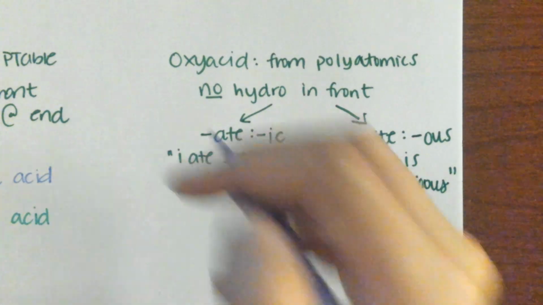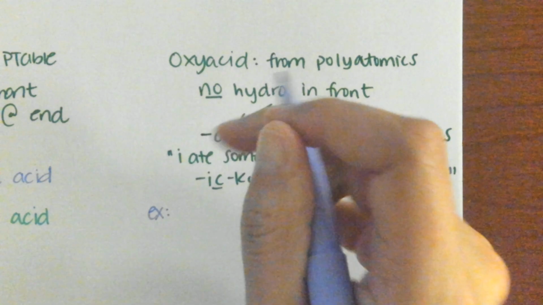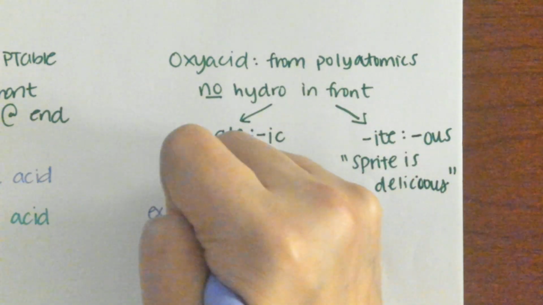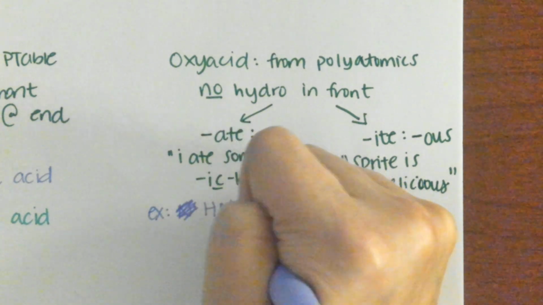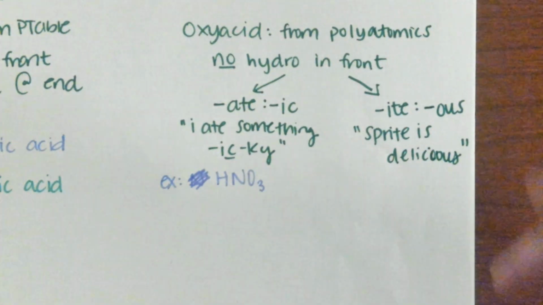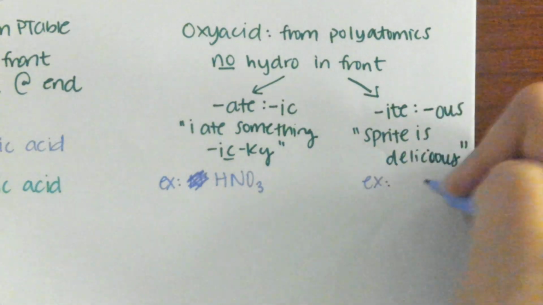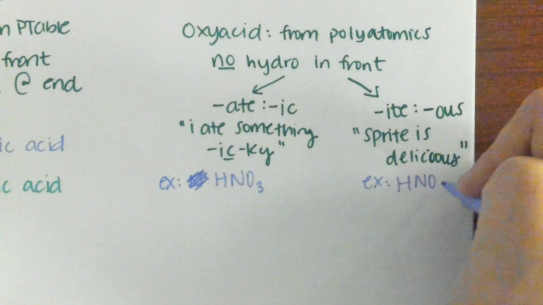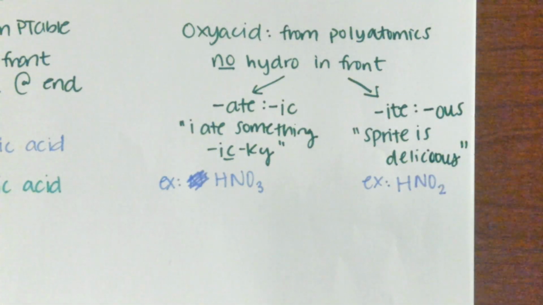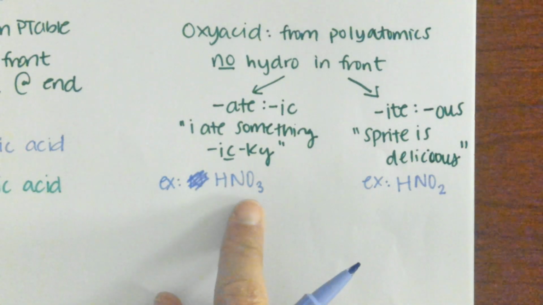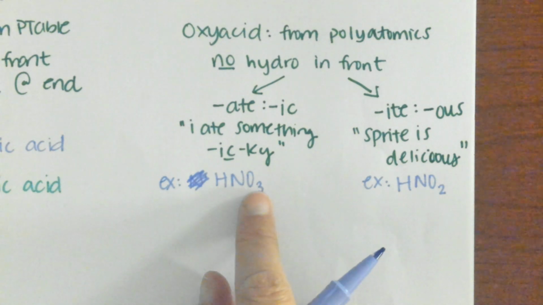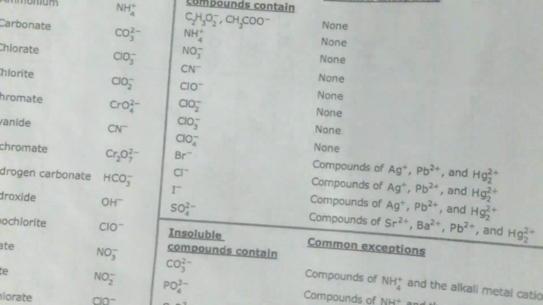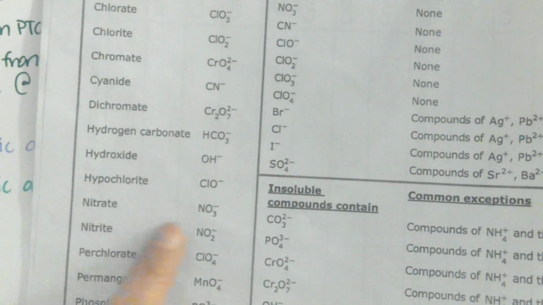So for example, if I give you HNO3 versus HNO2, just so you can see the difference. How do I know it's an oxyacid? Oxy means oxygen, so that's how I know this is an oxyacid, because there's obviously an oxygen in there. So NO3 is nitrate.